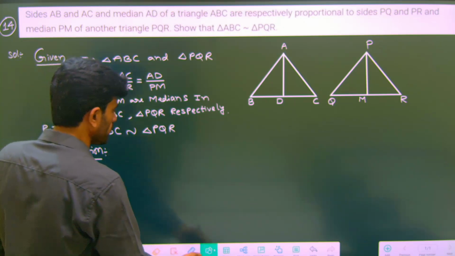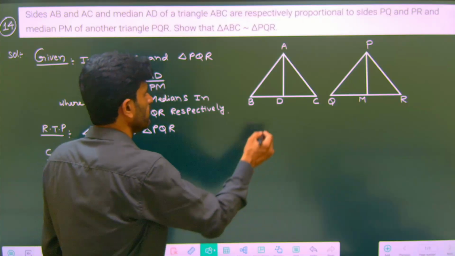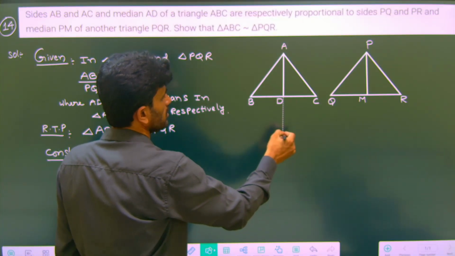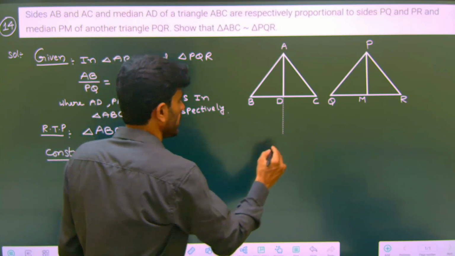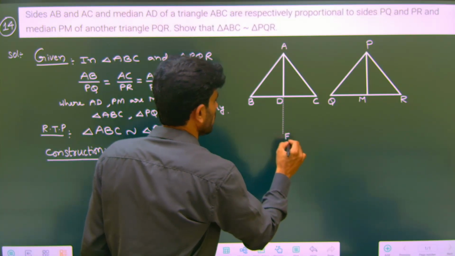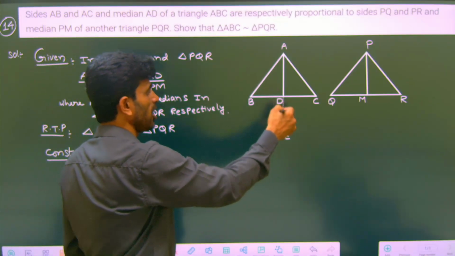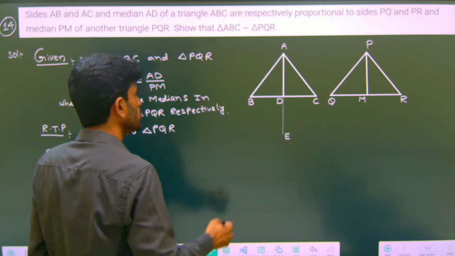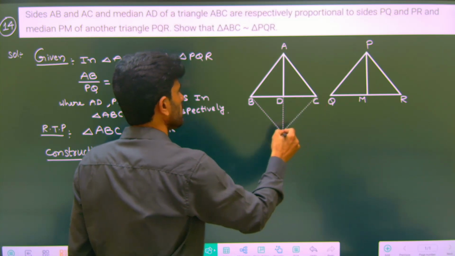See carefully. We have to extend AD to E such that AD is equal to DE, and then join BE and CE.